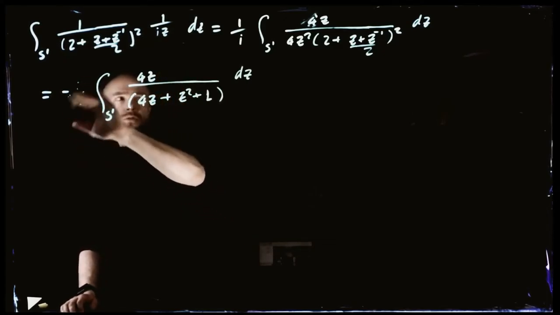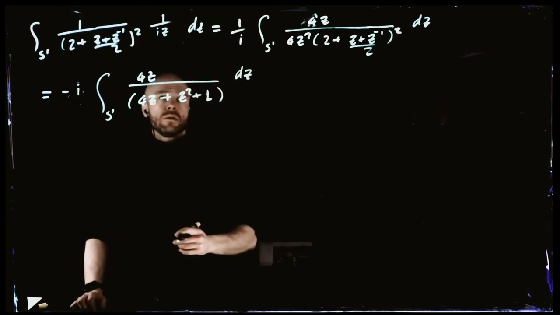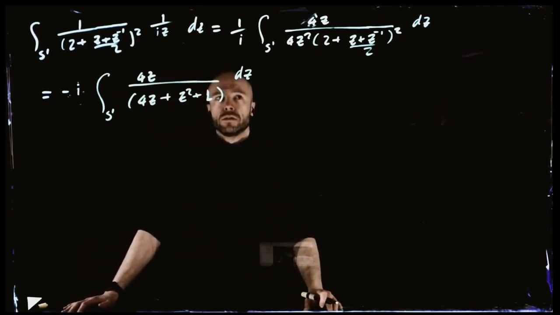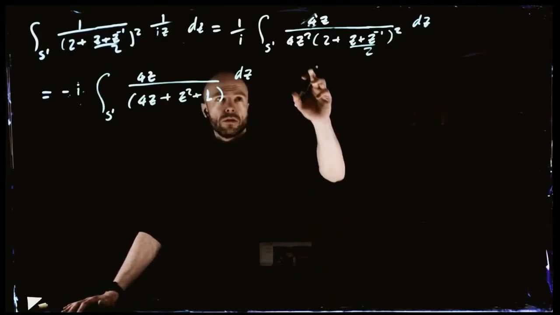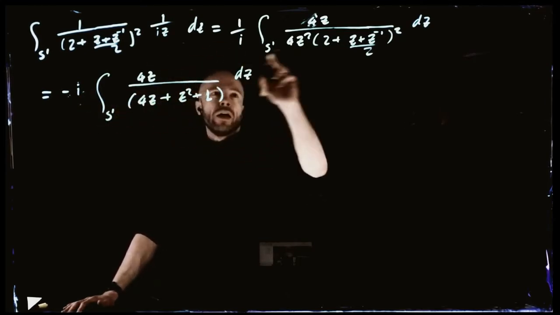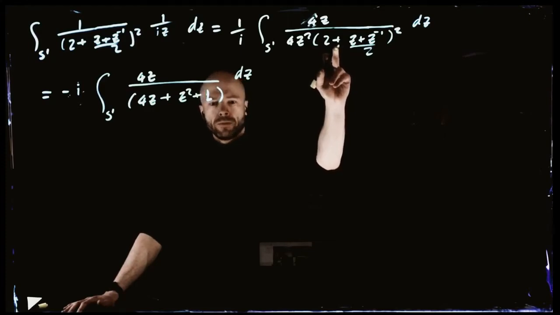And let's put the stuff correctly back. So that's minus i. Yeah, that's correct. So what have I done? I've just written the 1 over i as minus i, and I've multiplied the 4 through this thing right here. And that's all I've done at this point.